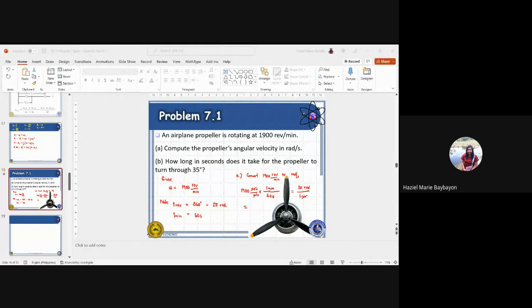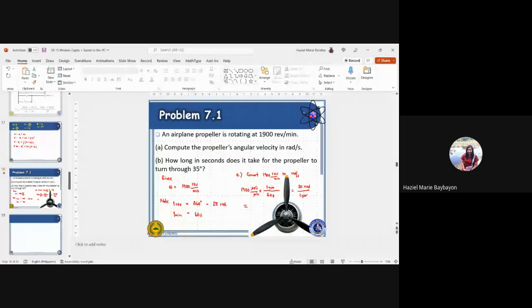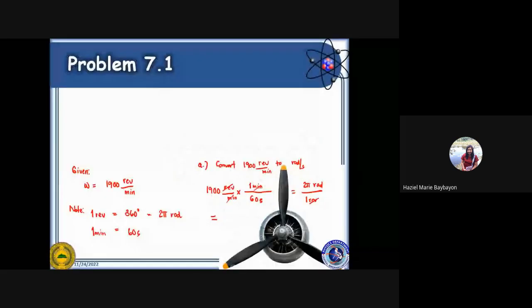So it's almost 199, approximately 199 radians per second. So 1,900 revolutions per minute is actually equal to 199 radians per second. So this is the angular velocity in radians per second.